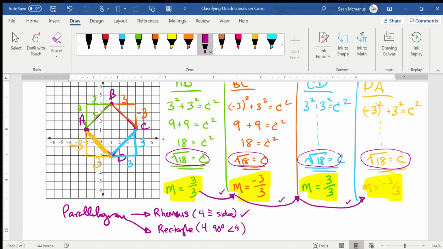Flip it, and then I have to check as I go back to the beginning. If I flip it and change the sign, it worked. So it does have 4 90-degree angles because all of the slopes as I go around consecutive sides are opposite reciprocals. So it is a rectangle. So if a figure is a rhombus and a rectangle, we saw that means it's a square.